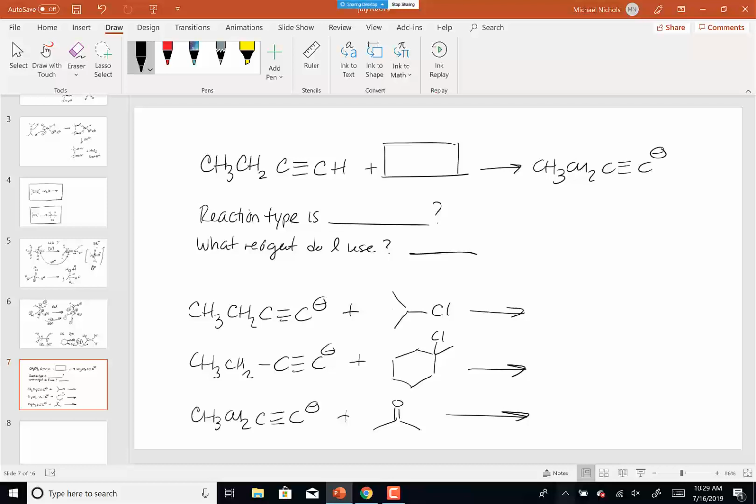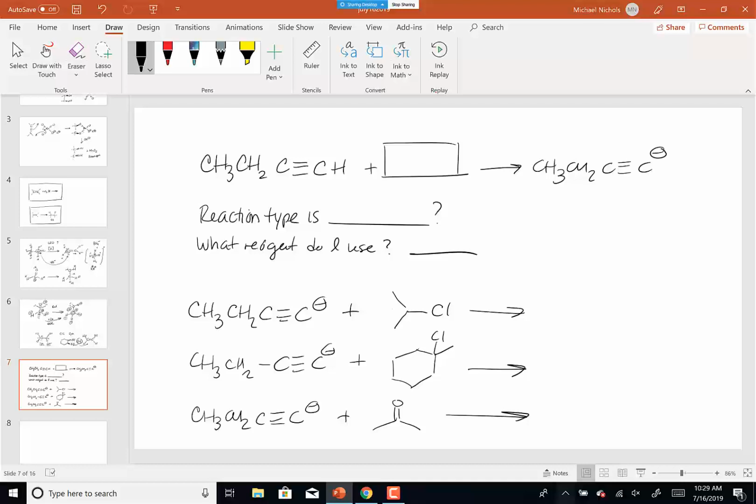Right. So we're going to use NH2 minus as a strong base. That's going to deprotonate that. For this one, in the box it should go NH2 minus. Not the hydrogen peroxide, because all I'm doing is deprotonating. Yeah, this is an oxidation reaction if you use the hydrogen peroxide.